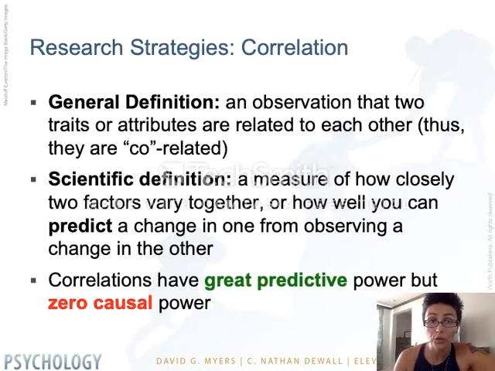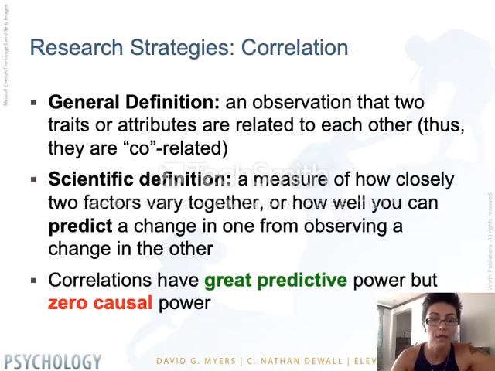So if we know the two things are related, then we might be able to predict what's going to happen to one if we know the other. So I want you to remember that correlations are great predictors. If the correlation is strong, it's going to have a great predictive power.